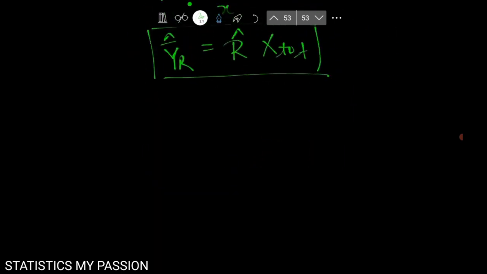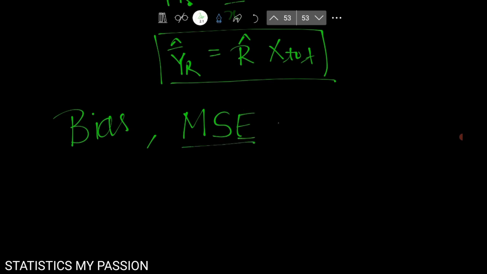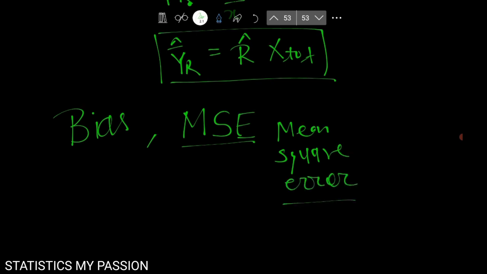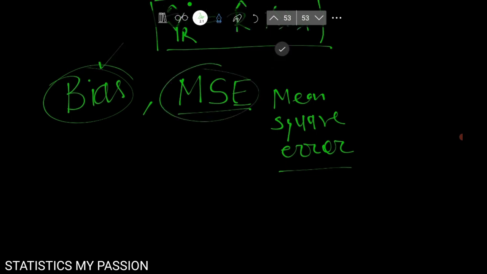Now the next term is how to find the bias and the mean square error, in short MSE. This is called mean square error. So how can we find the bias and mean square error?